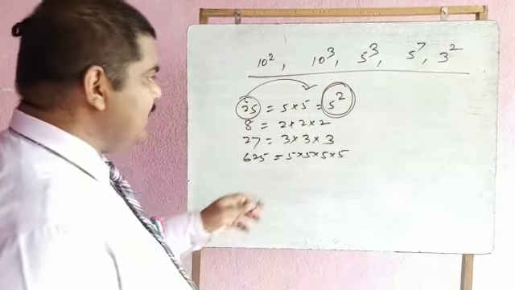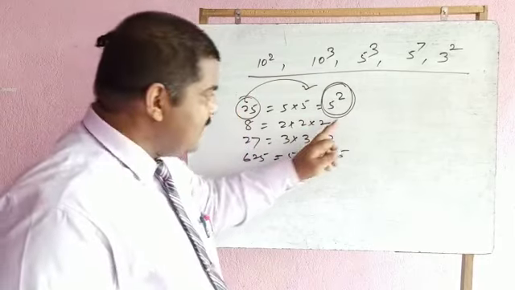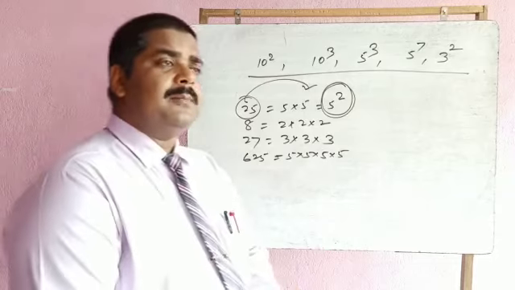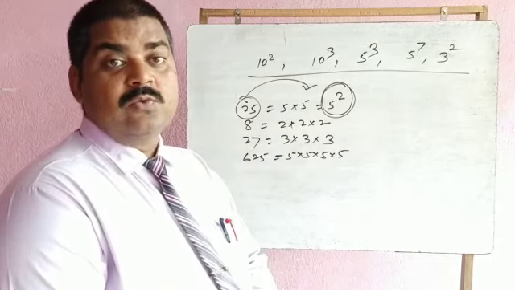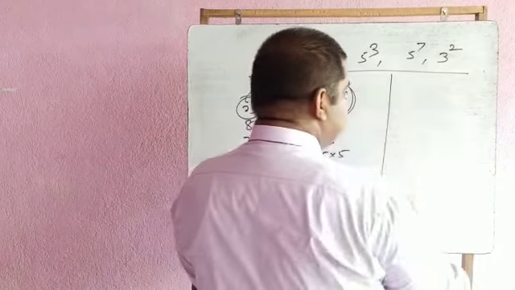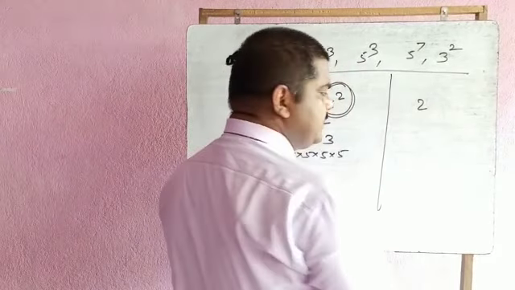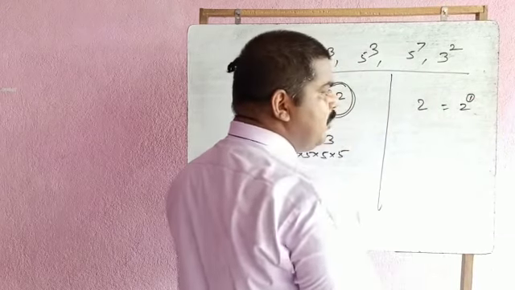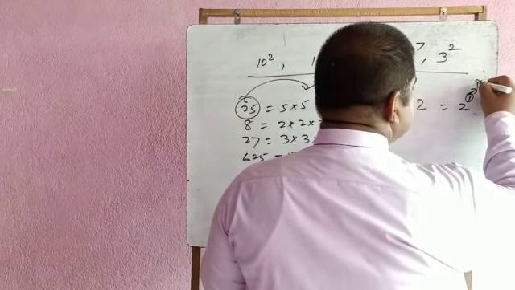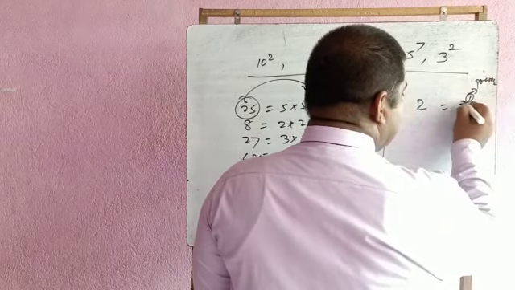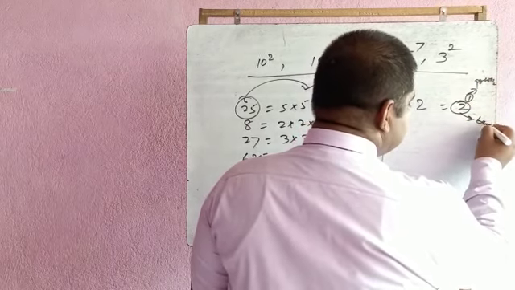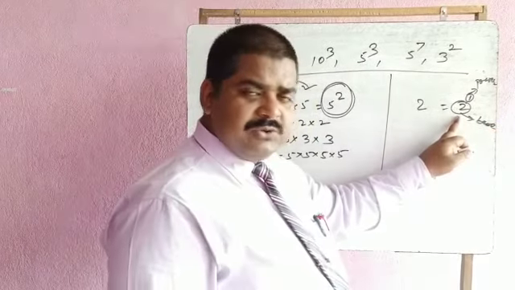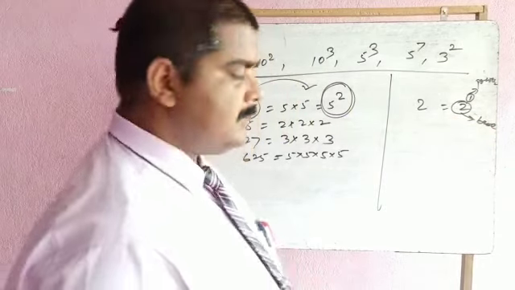Suppose you just write 2. What does it mean? 2 means 2 to the power 1. This 1 is known as the power, and this is known as the base. So when you write 2, the base is 2 and the power is 1.